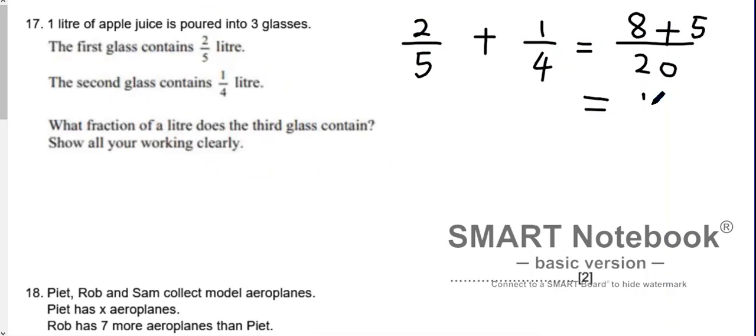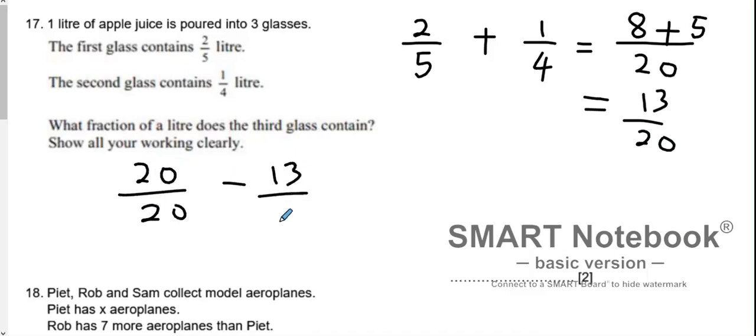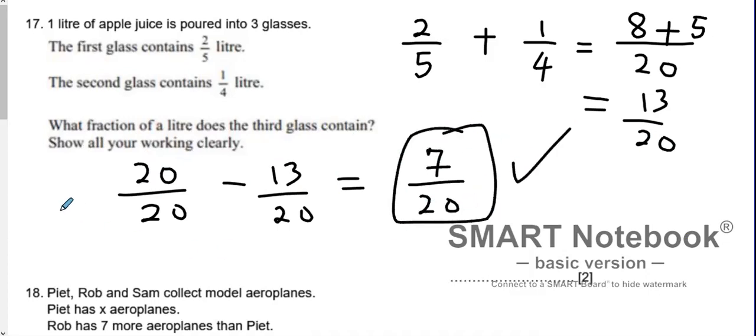So this is 13/20. Now, what fraction of a liter does the third glass contain? So I'm going to take 20 out of 20 minus 13 out of 20. The answer will be 7 out of 20. This is the final answer.